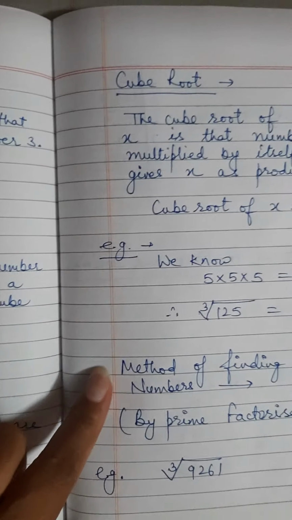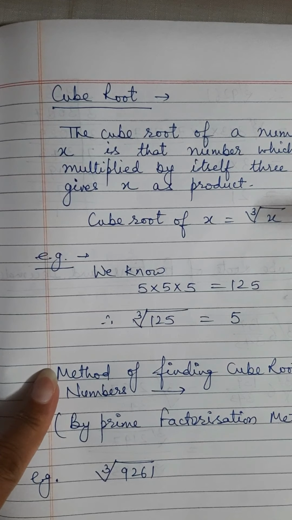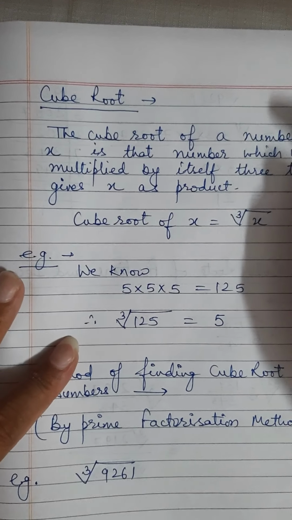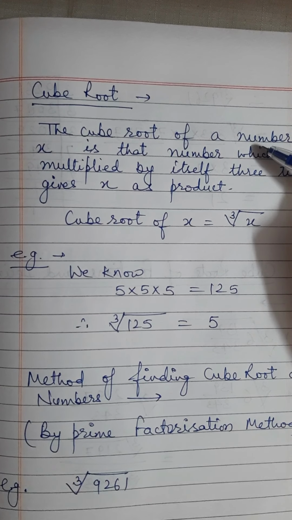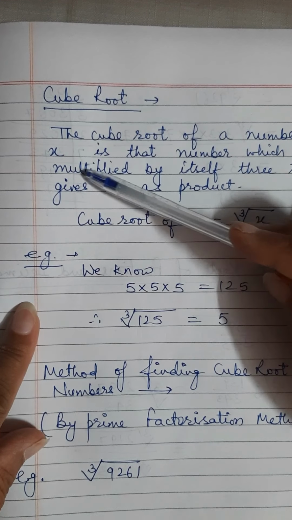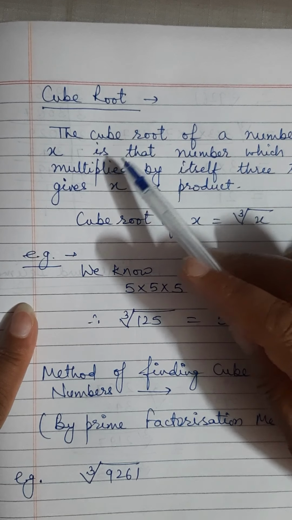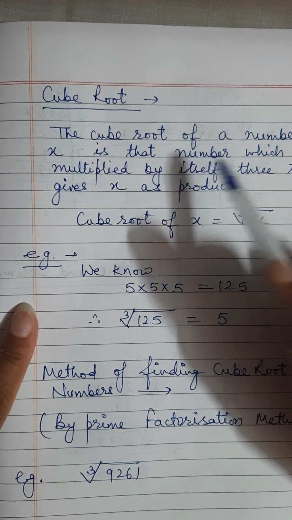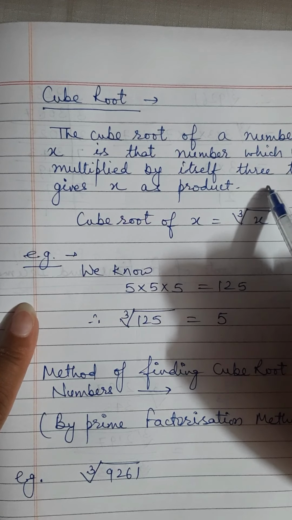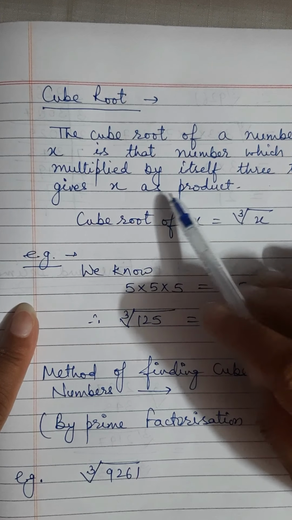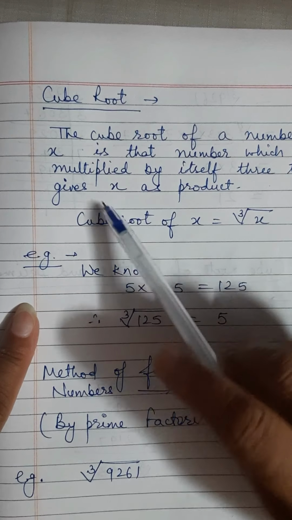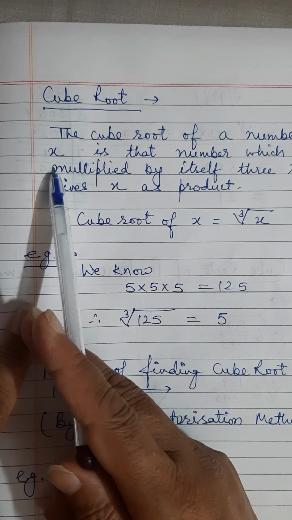Now the next term is cube root. If we have any number x, then the cube root of x we can define as that number which when multiplied by itself 3 times, the product of those 3 numbers is equal to x, right?